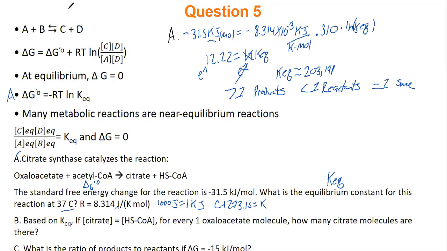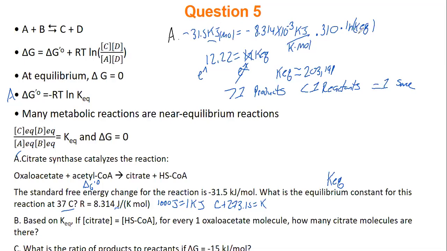All right, so B is kind of tricky to think about. It's kind of tricky to even know what I'm asking for in B, right? What does it mean to favor products or reactants? That means when we hit equilibrium, and remember at equilibrium, the reaction speeds of the forward and backward reactions are the same.